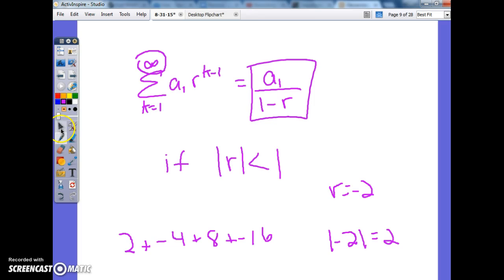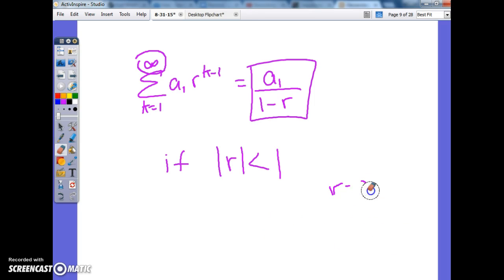So the sum of this sequence will not converge on any value as we go to infinity, if we add up infinite terms, because this common ratio's absolute value is not less than 1. These terms keep getting bigger and bigger, so we'll never converge on a value. But if the absolute value of my common ratio is less than 1, we will converge on this value here, and this is how we determine what that value is: a sub 1 over 1 minus r. Only if the absolute value of your common ratio is less than 1.